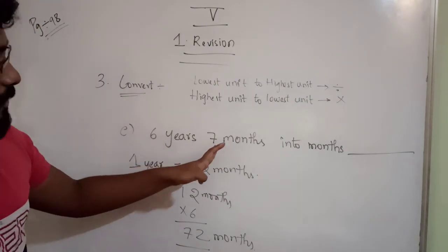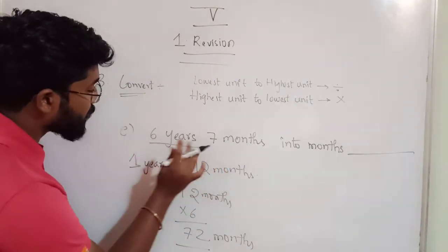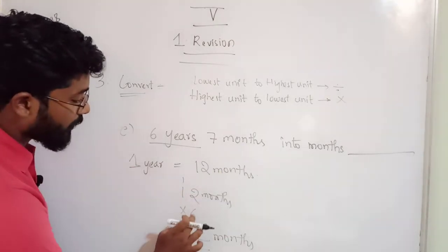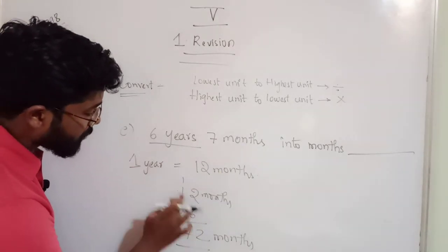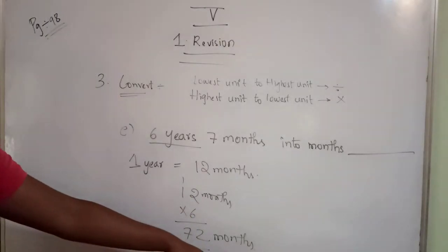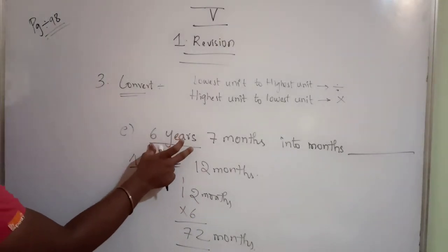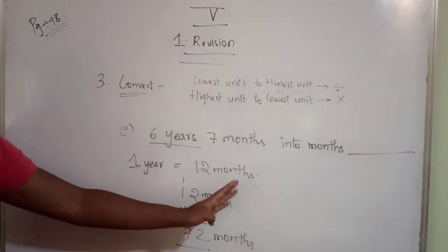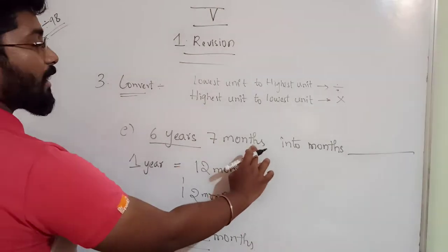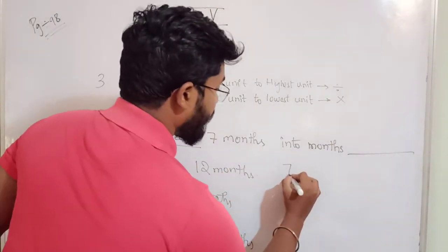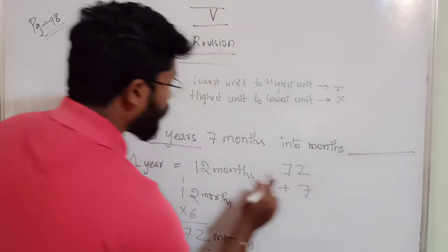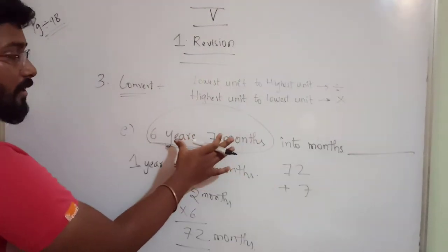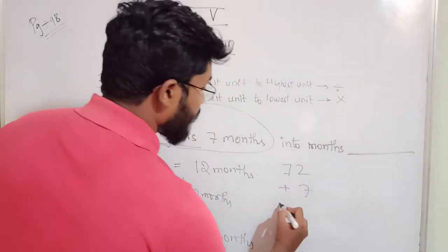6 years 7 months, we have completed converting 6 years into months. 1 year equal to 12 months, so 12 into 6, 6 2s are 12, 6 1s are 6, 72 months. We have converted 6 years into 72 months. Keep it aside. And here additionally we are having 7 months, no, so 72 plus 7.